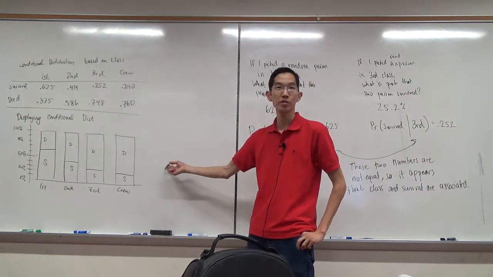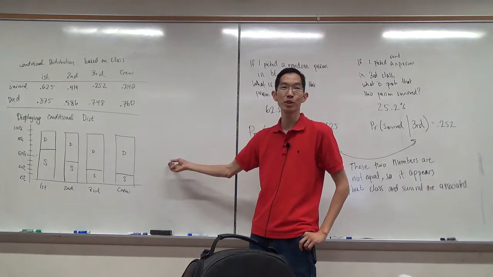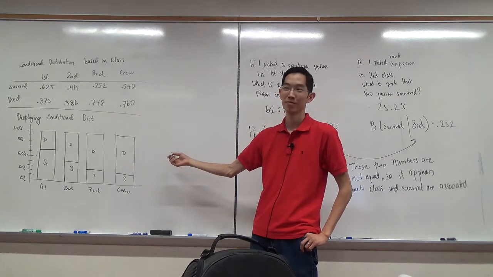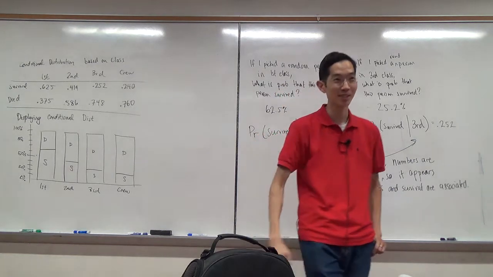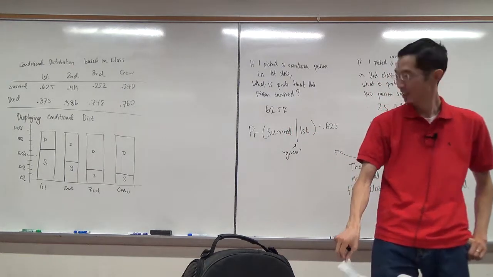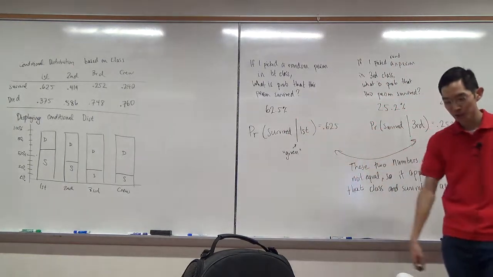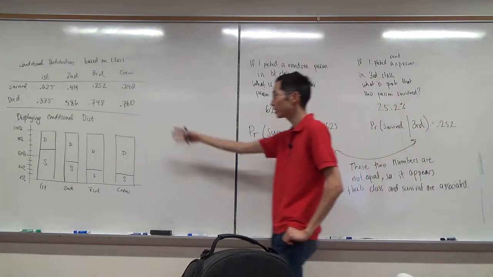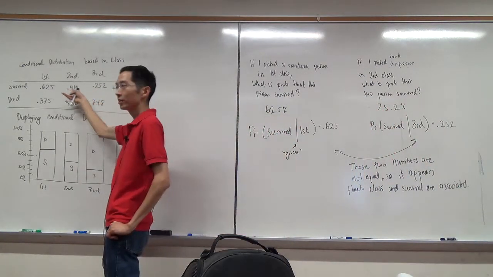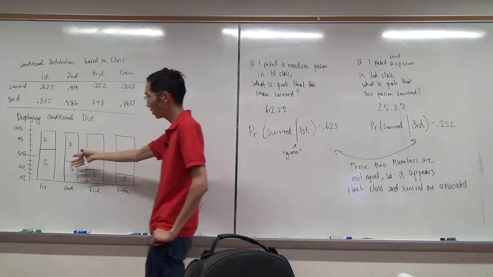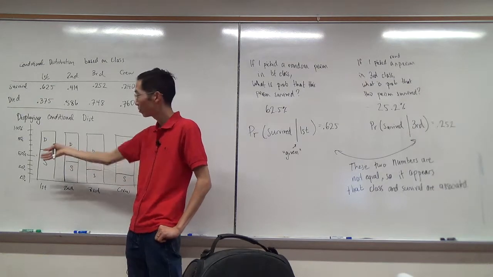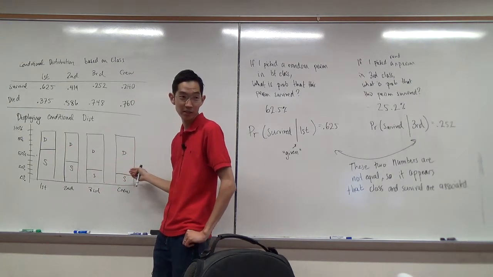Is the construction of this segmented bar chart okay? All right, I see a thumbs up. All right, and so this would allow us to see, without needing to see the numbers themselves, that the probability of survival seems to be different based on the different classes.